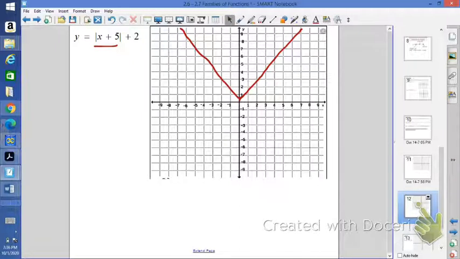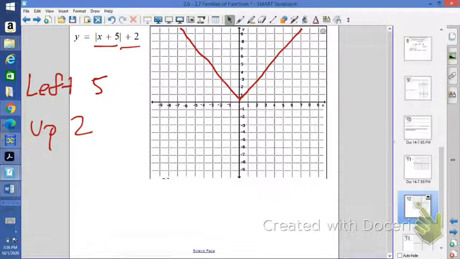Think about it in the same way. So add to the x, go left. So we're left 5. And then add to the y, go high, up 2. So we're going to move the vertex 5 left and up 2. So there's the new vertex, and then just draw your V.